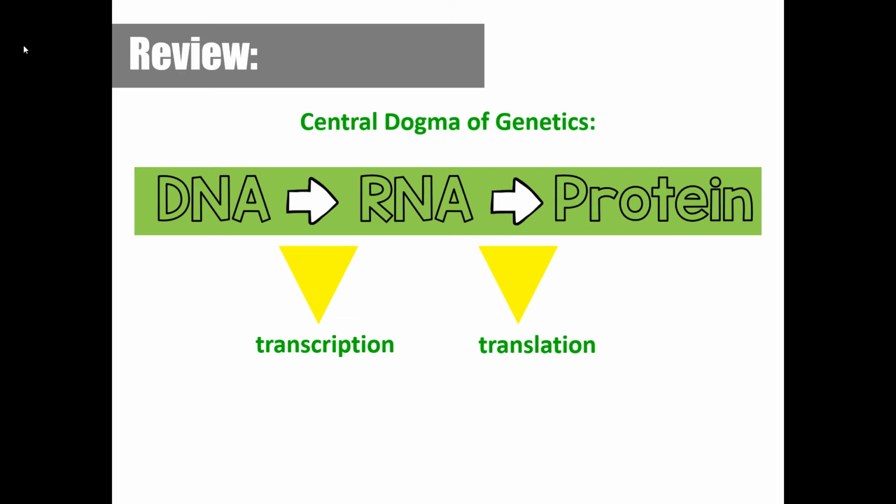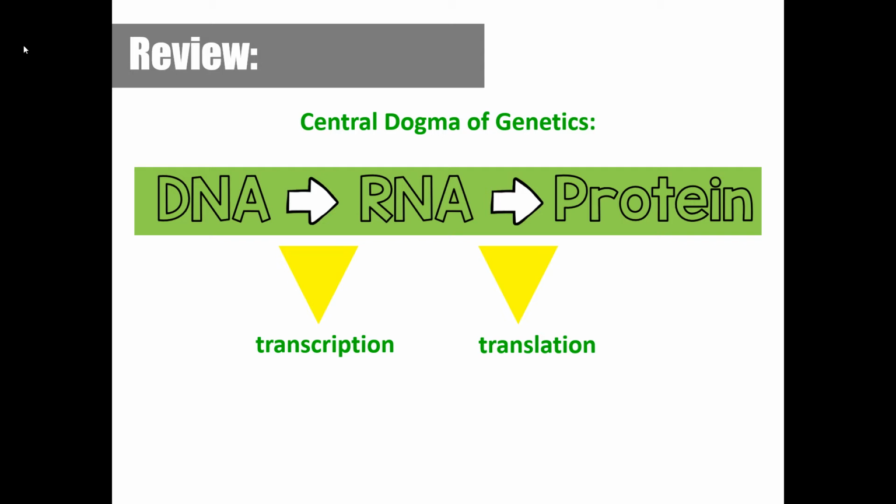Now remember, DNA contains the instructions for making proteins, and the DNA cannot leave the nucleus. So the mRNA is going to have to go to the DNA, make a transcript of the DNA, and then that mRNA will take that transcript to the ribosome where the next process happens, which is translation.